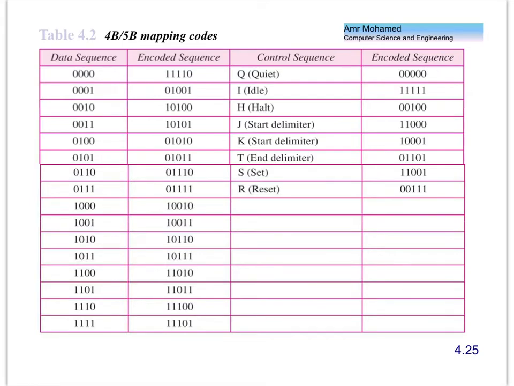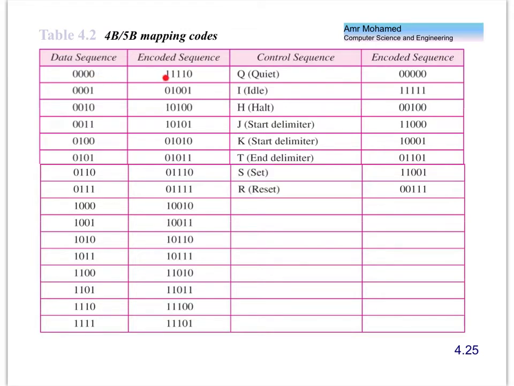The way that we do this is by saying, okay, this is the input. This is all the possible input that we have for 4 bits. So if we take each 4 bits of the input sequence, then these are all the possible combinations that we have.